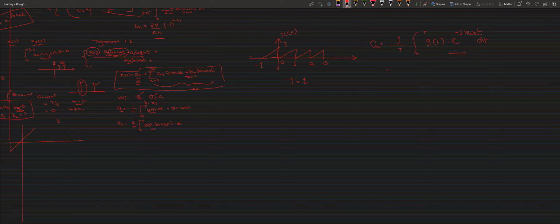It is 1 by T, what is T? That is 1, so the period is 1. Integration from 0 to 1, t into e power minus j 2 pi nt dt. Correct. Now you can try simplifying this.